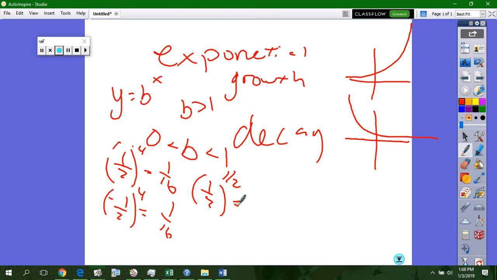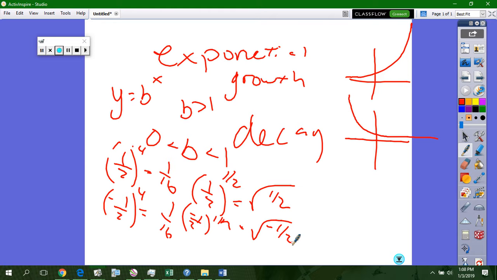Square root. What's negative a half raised to the half? The square root of negative a half, which introduces what? Imaginary.